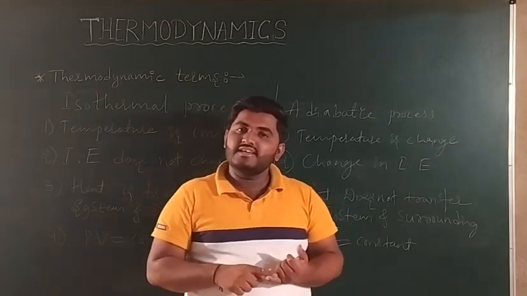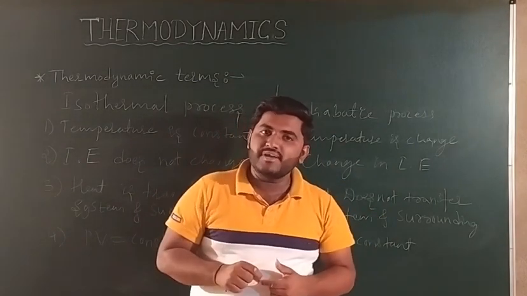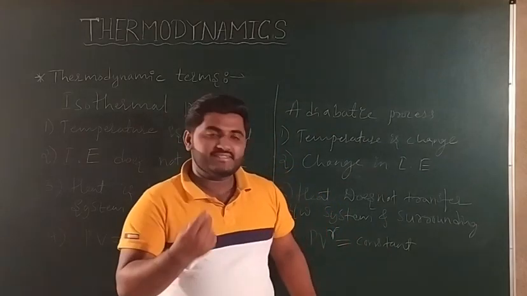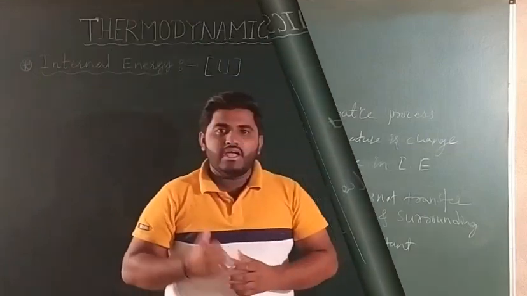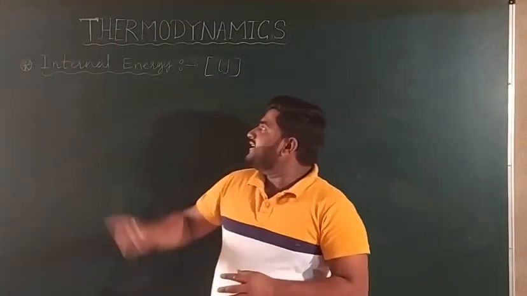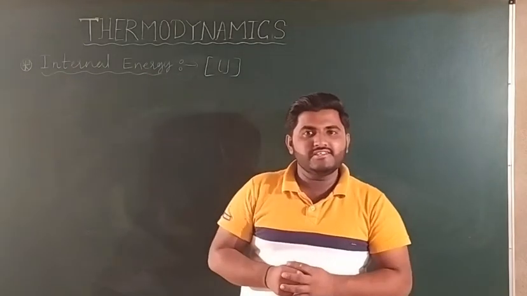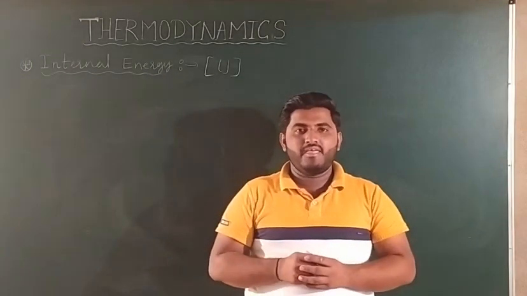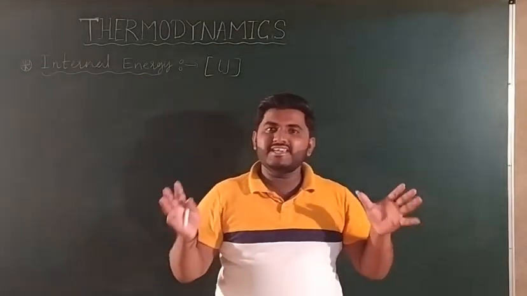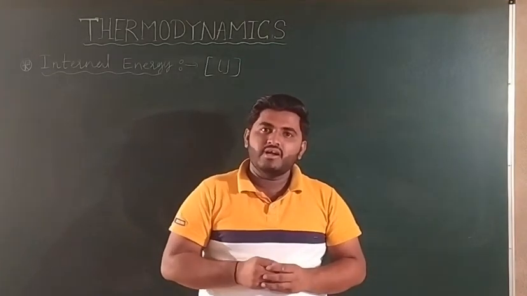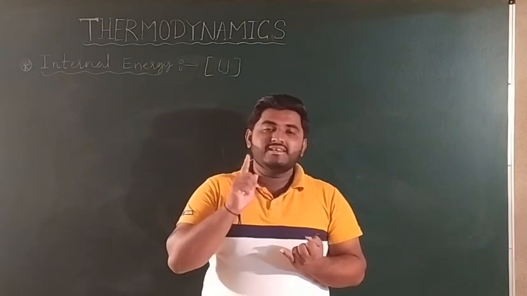What is internal energy? What exactly is it? What is the definition? What are the characteristics of internal energy? Then we will discuss the thermodynamical law. Okay, let us move on. Internal energy is denoted by capital U. Internal energy is the total energy possessed by the system due to its N, Cc and Ts.